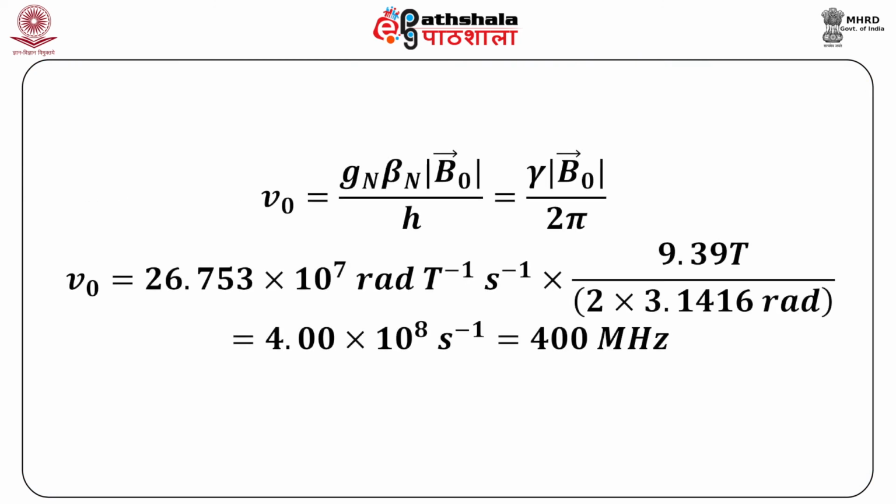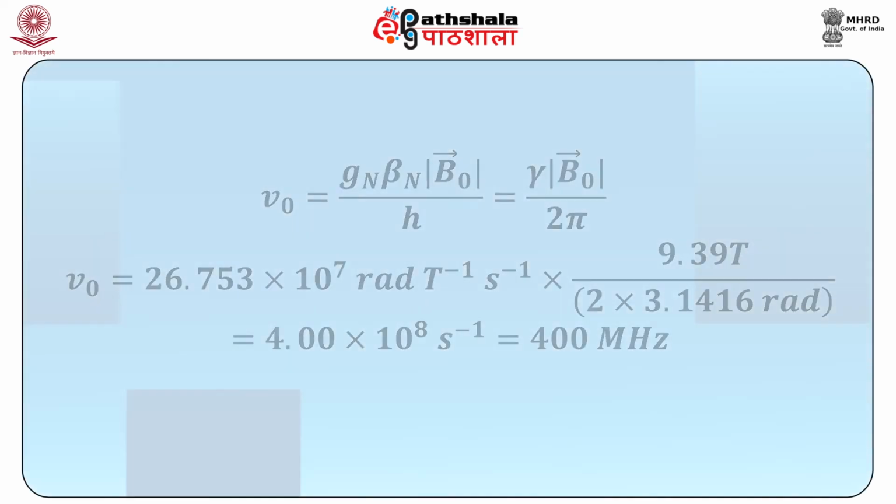We have seen that nu naught is equal to Gn beta n B naught divided by h, which can also be written as gamma B naught by 2 pi, and when you substitute the various values, nu naught turns out to be 26.753 into 10 raised to the power of 7 radian per Tesla per second into 9.39 Tesla divided by 2 into 3.1416 radian, and this is equal to 400 megahertz. This is in the radio frequency range.